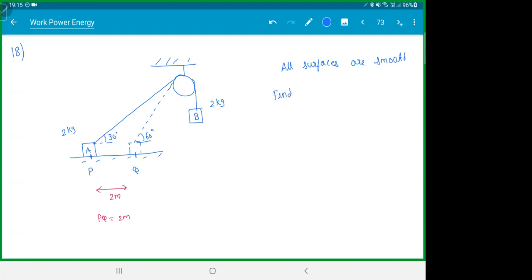This would be a good one, right? Find speed of blocks when A slides from P to Q. Let's get this.